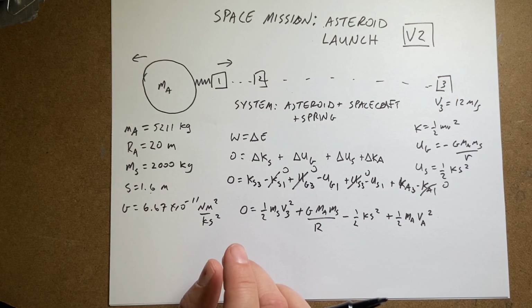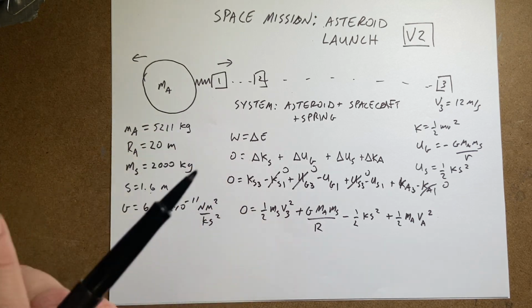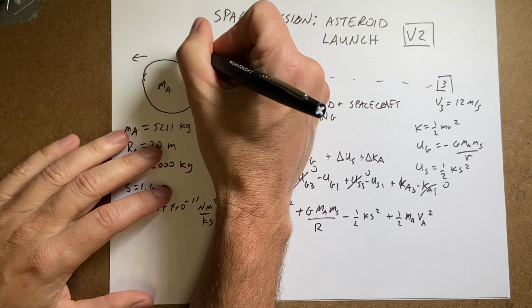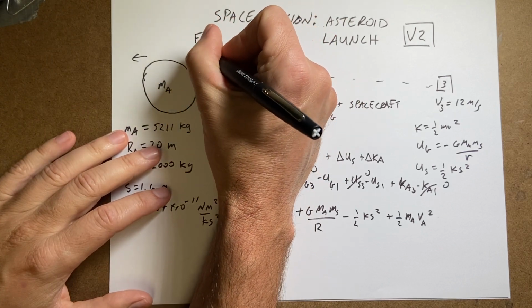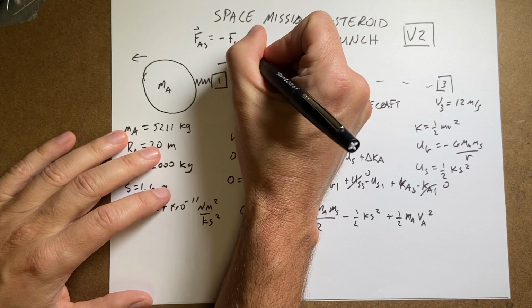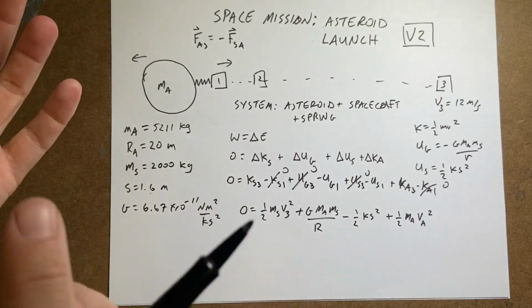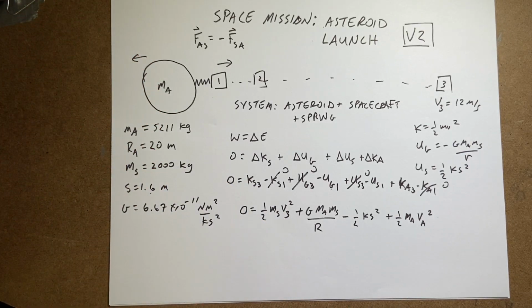So I don't know the final velocity of the asteroid, but I do know this. I know that F asteroid on the spacecraft is equal to negative F spacecraft on the asteroid, because it's the same force. They're an interaction force. Whether it's a spring or whether it's gravity, it doesn't matter.